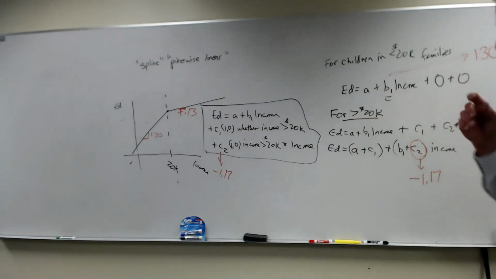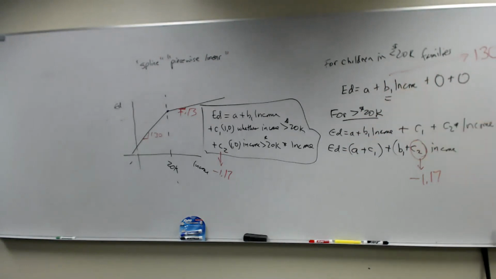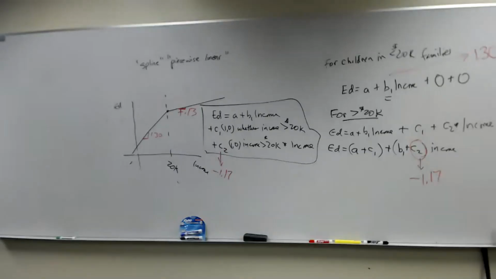I mean, you're not really fitting 2 segments anymore because there's no data to the left of the 0, 0 point. Okay, yeah, we just fit lines separately to those different below 20K and above 20K. We just do that separately. 2 different lines. You mean without forcing them to be connected? Yeah.